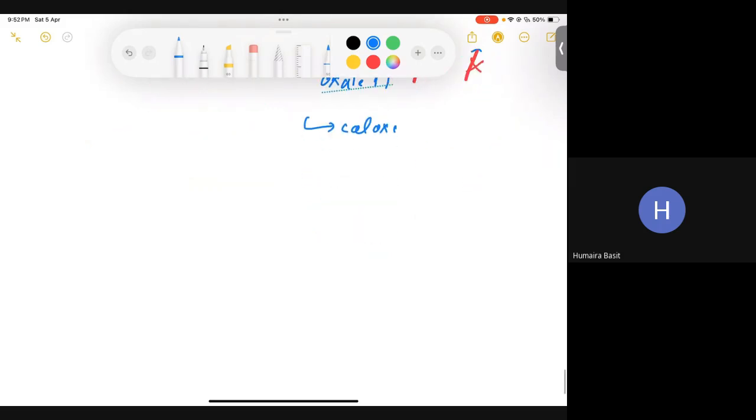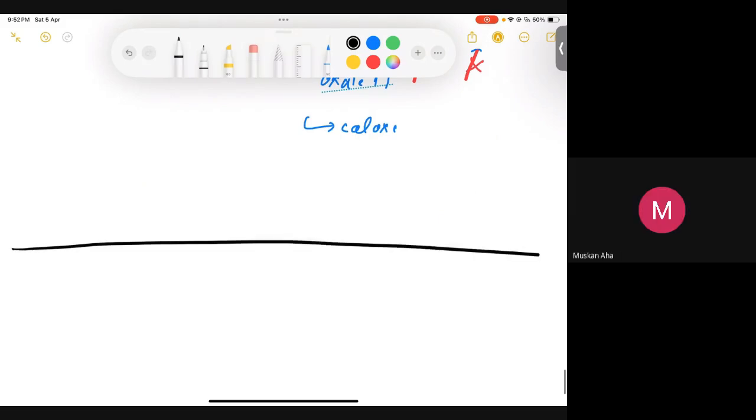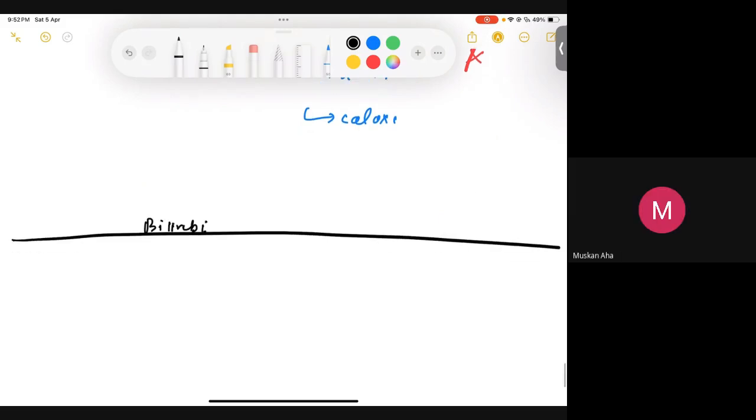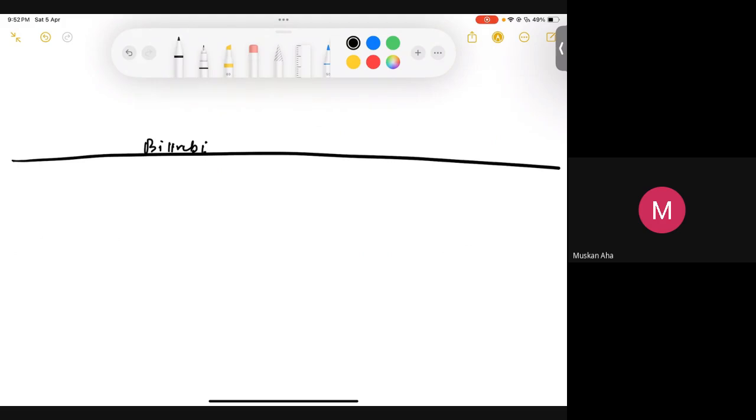Let's discuss our next topic, that is bilirubin. As we know, if we have worn out or senescent red blood cells, the macrophages are going to come and degrade different components of your red blood cell, one of which is hemoglobin. Once the macrophages degrade your hemoglobin, the heme and the globin are broken down.